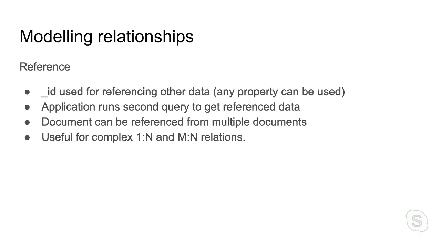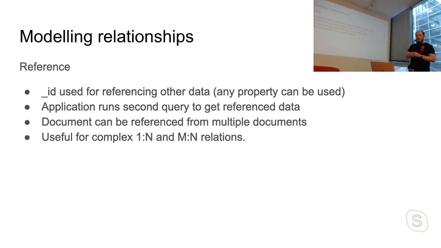And in this case, the connection of the data is not done by the database itself, but you run a query, for example, for users, and in the application, you will run a second query for the IDs of, for example, addresses. And in your application, you will just connect the data together how you want it. This is really useful for some complex one-to-n and of course M2N relations.